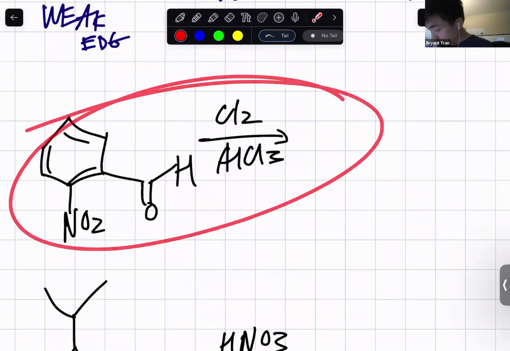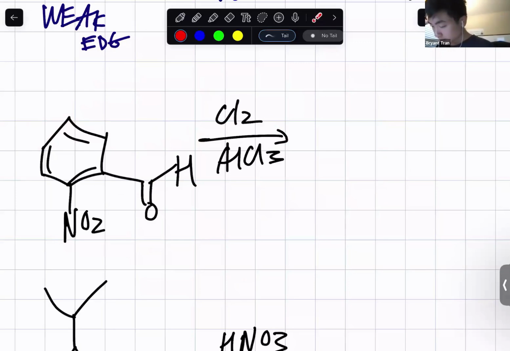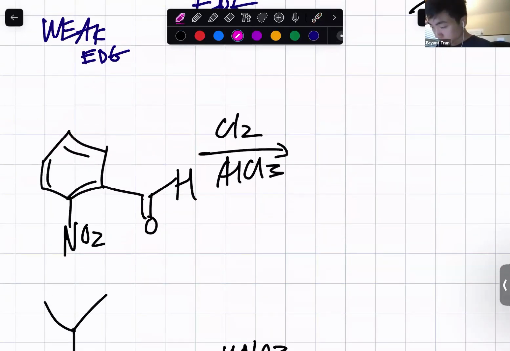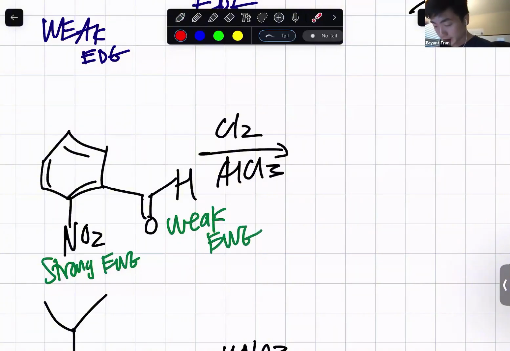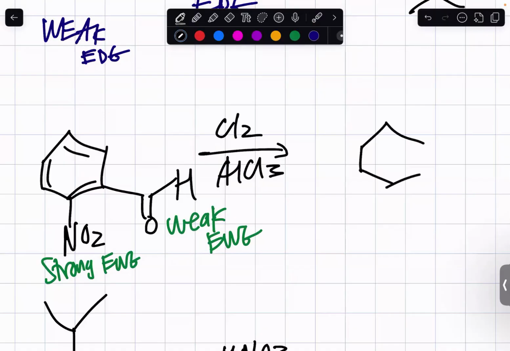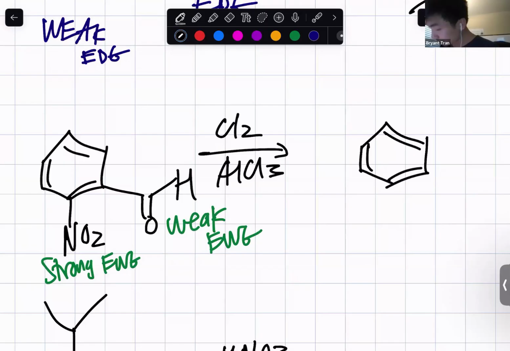Now we have this right here, which is a strong EWG. This is a weak EWG. Which group would you say is going to be the directing group? Which group would direct the electrophile, the strong EWG or the weak EWG? The weak EWG. Yep, the weak EWG, because it does not deactivate the ring as much.